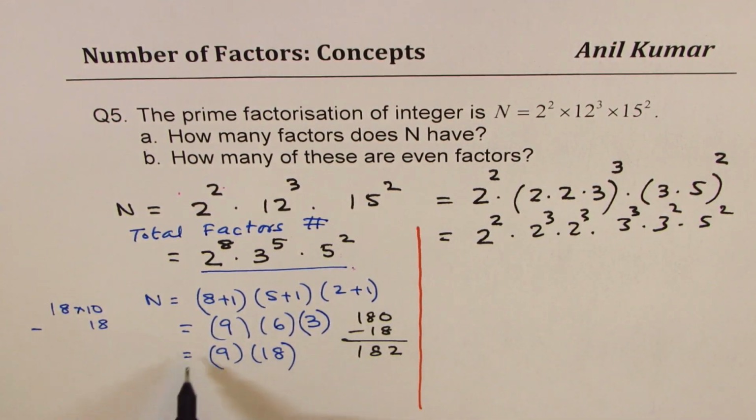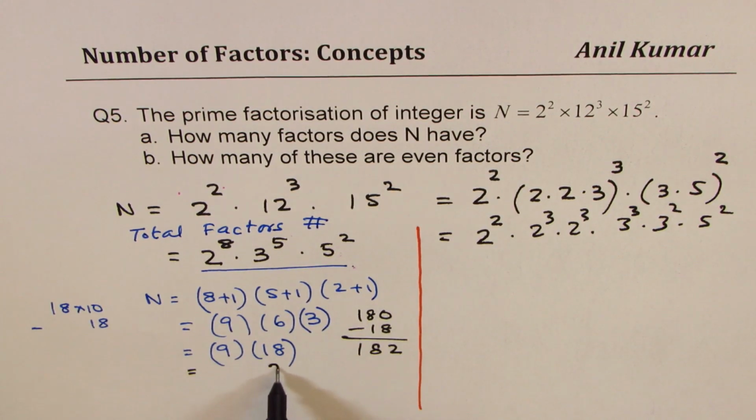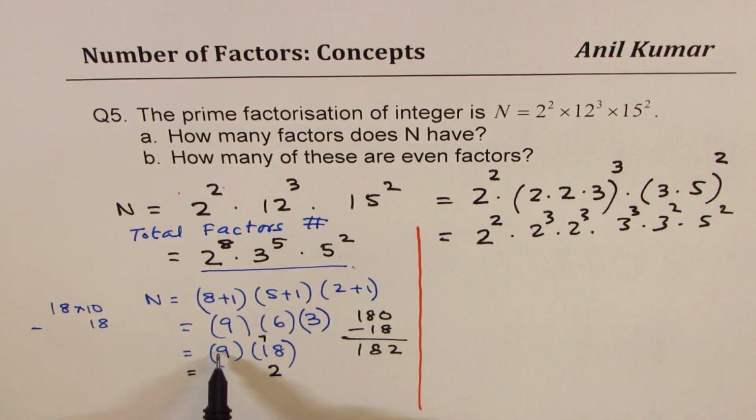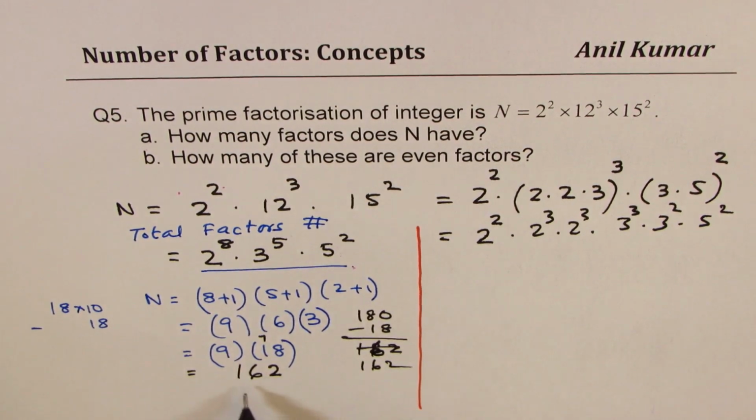We could also multiply directly: 9 times 8 is 72, then 9 times 1 is 9, plus 7 is 16. So 162 is a clear answer.